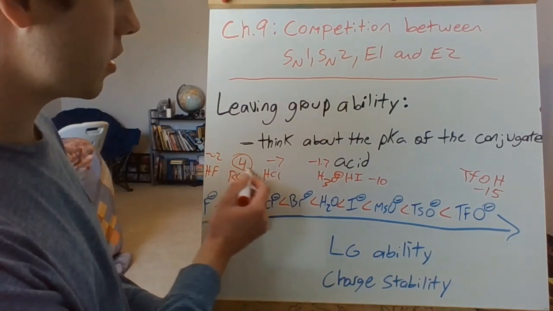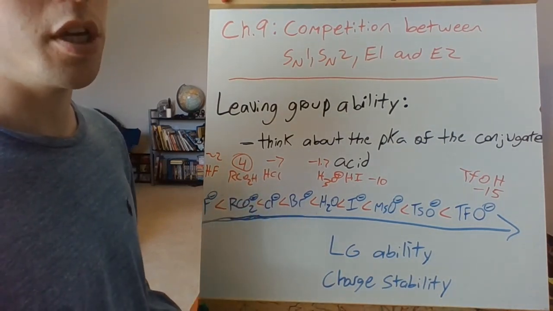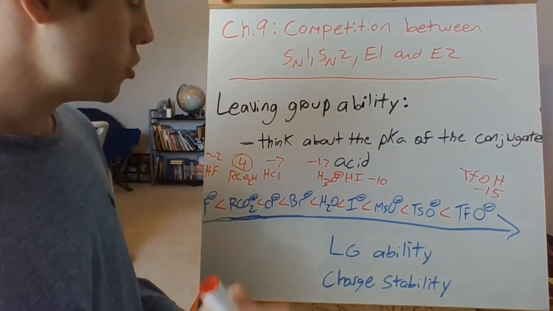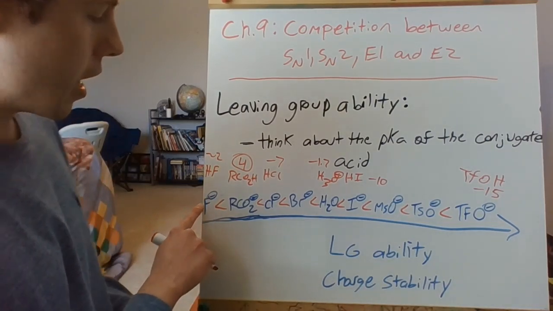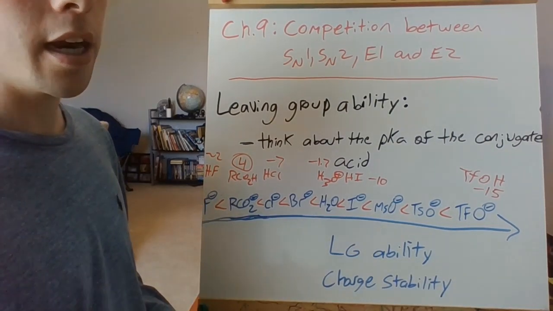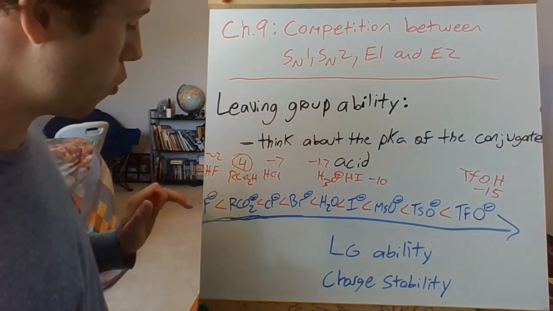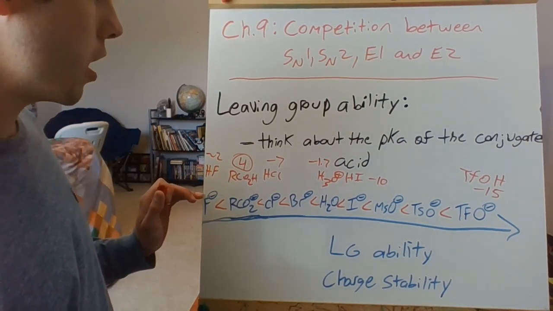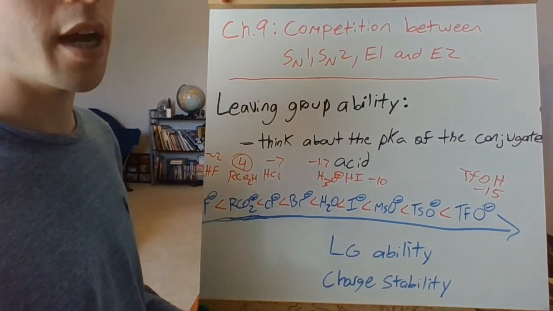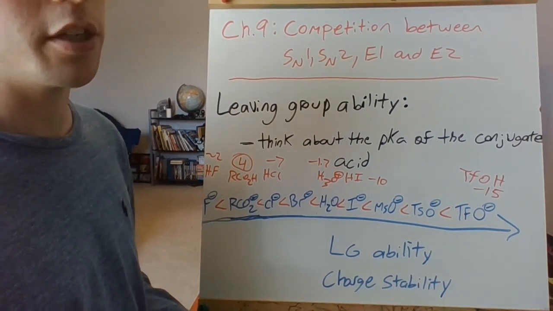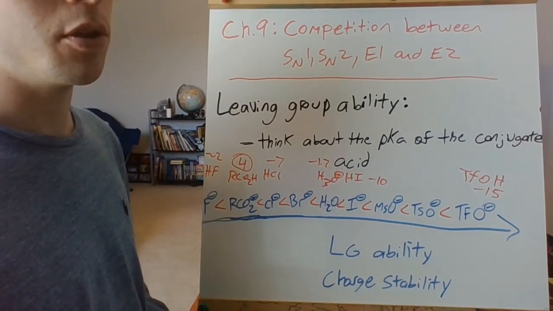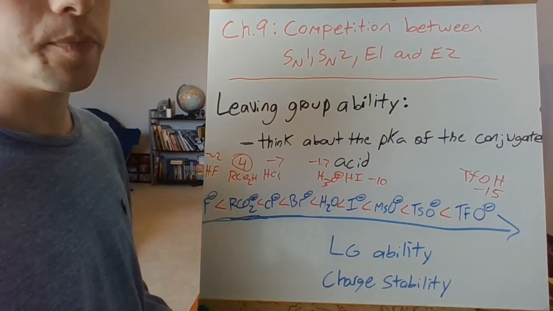If the pKa is less than 4, then it's going to be a good leaving group. If you have something that is higher than F minus, or more unstable than F minus, then you are not going to have a substitution or elimination reaction occur. Absolutely nothing is going to occur.